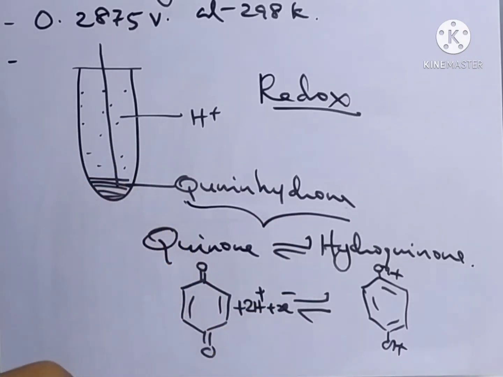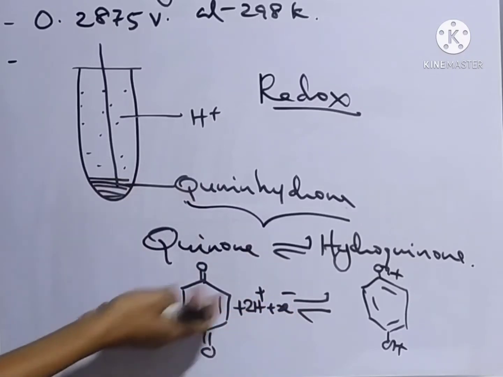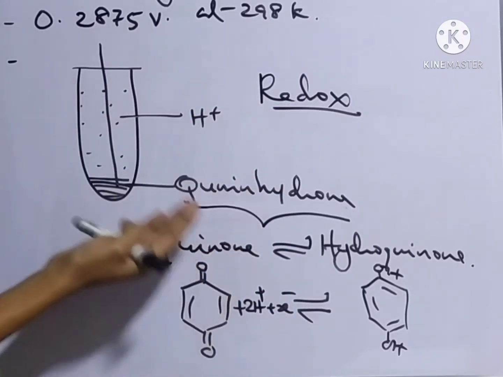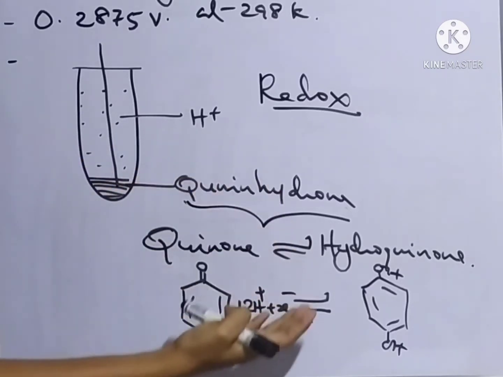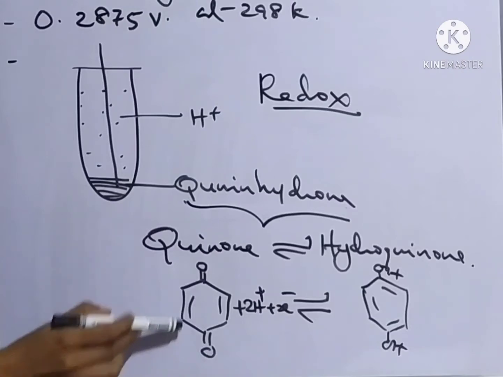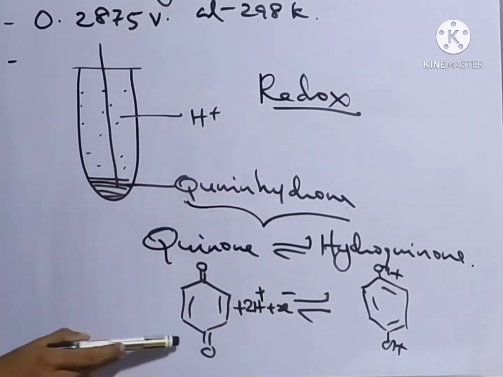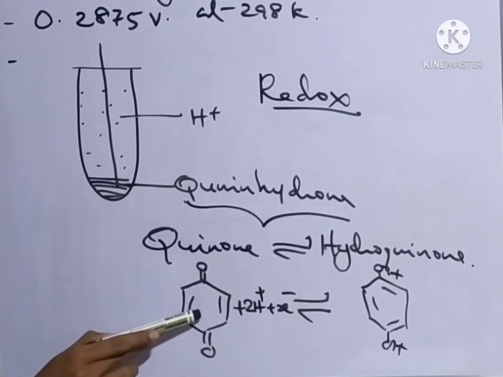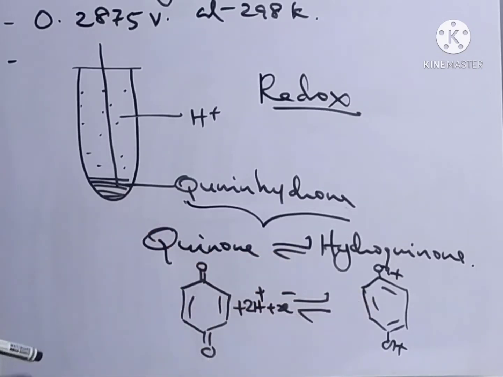So when quinone is reduced, it converts to hydroquinone, and in these types of electrodes, the potential is developed by the change in oxidation state of the same species. Here in the quinhydron electrode, the potential is developed because of the change in oxidation state of quinone and hydroquinone.